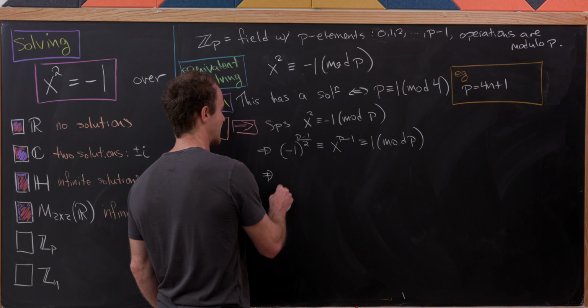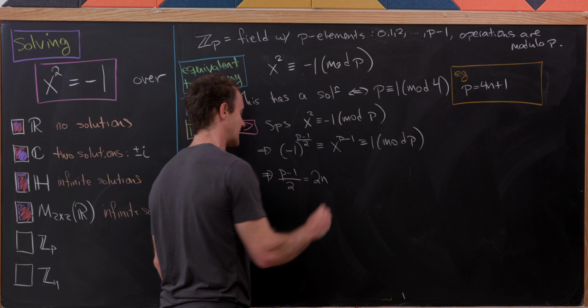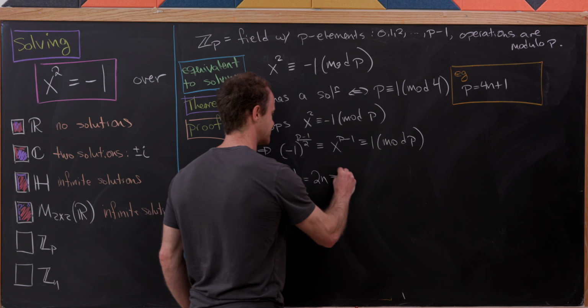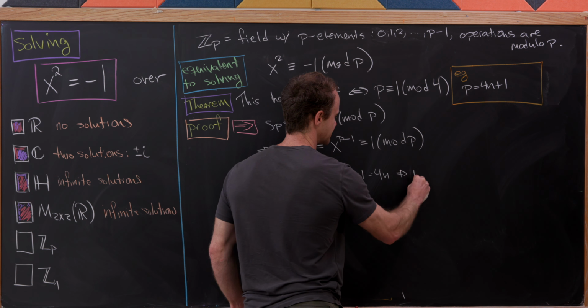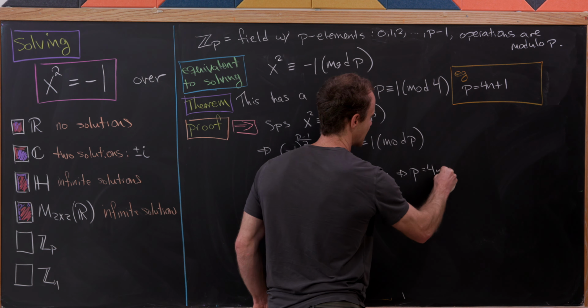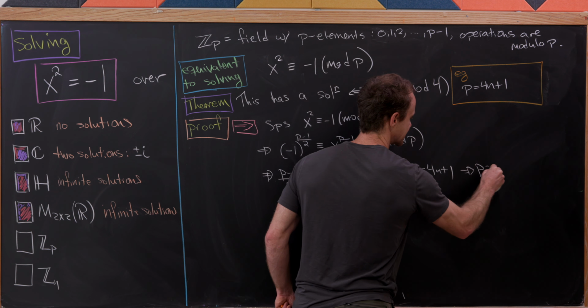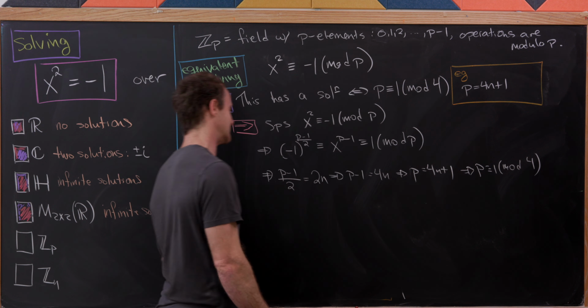So that's our takeaway here. We have (P-1)/2 is even. I can write it as 2n. Okay, but now I can just multiply both sides by 2, and that gives me P-1 is equal to 4n, which tells me that P is equal to 4n plus 1. Oh, but that means that P is congruent to 1 modulo 4 as needed.